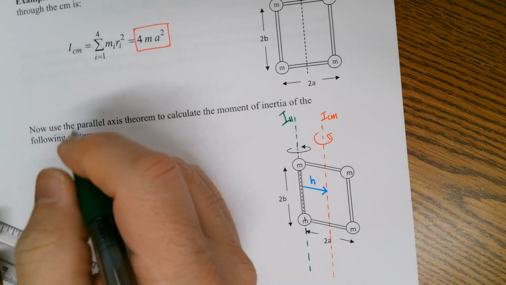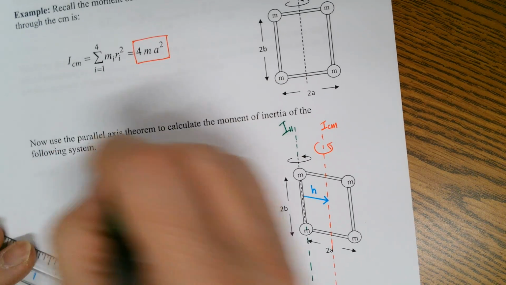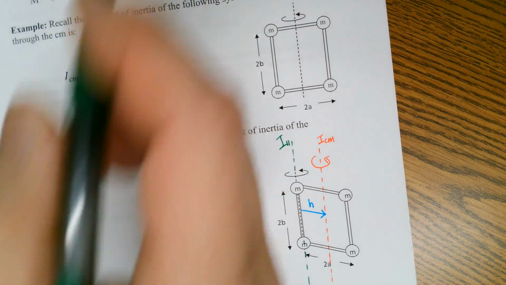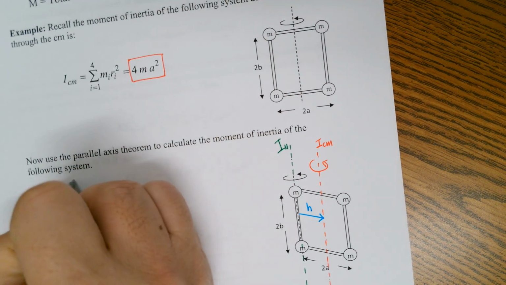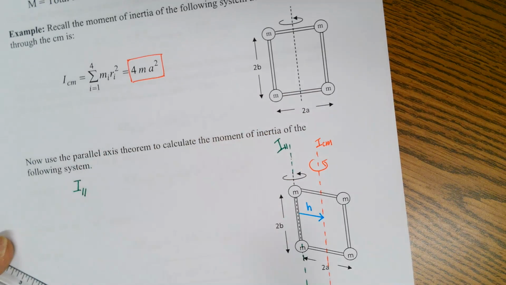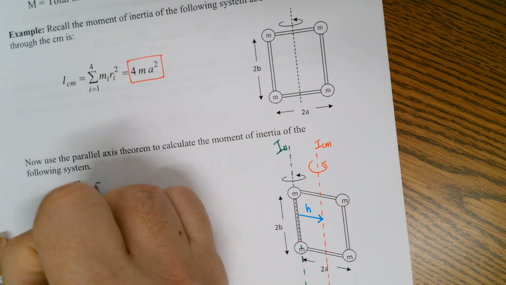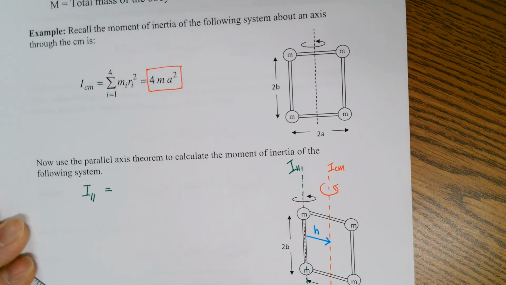So according to our center of mass and Mh squared, let's use that parallel axis theorem to figure out what my moment of inertia is.